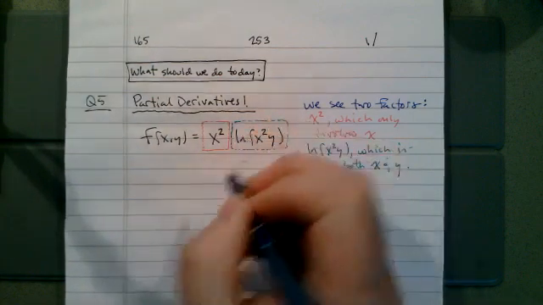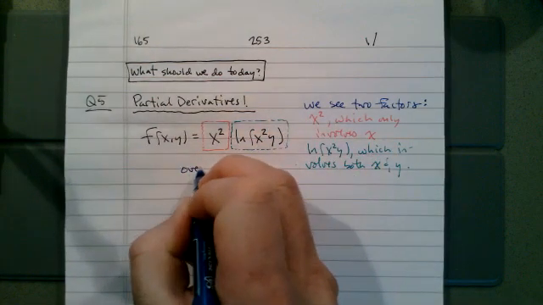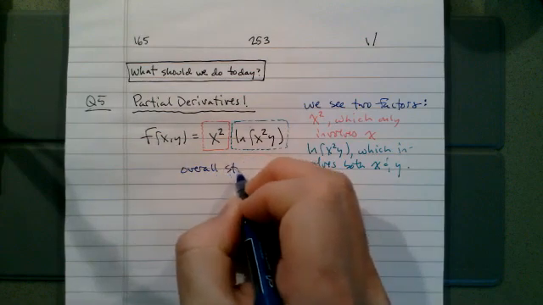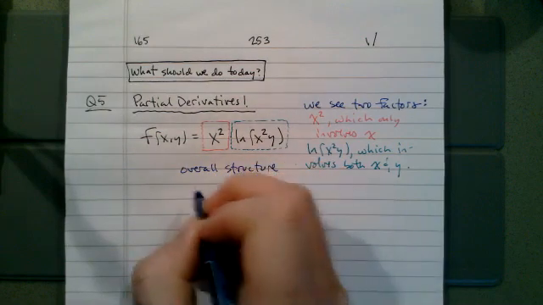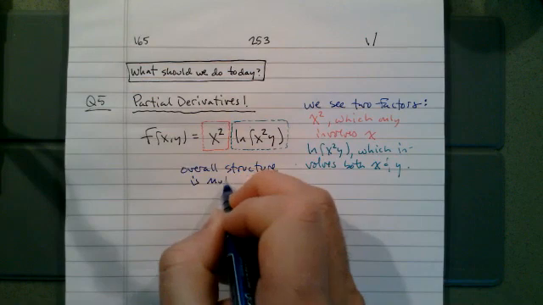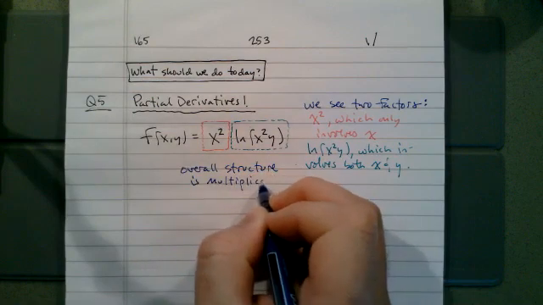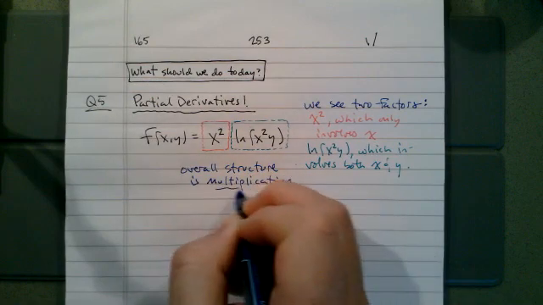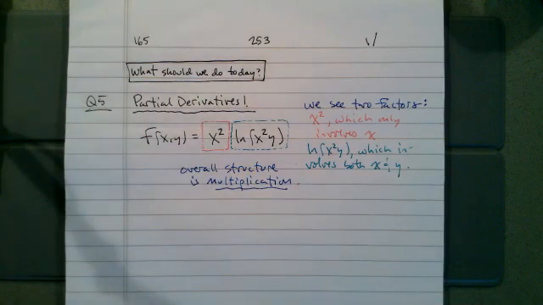So the overall structure is multiplication. That's what I would want to notice in this problem. The overall structure is some kind of multiplication. These two factors stick out.